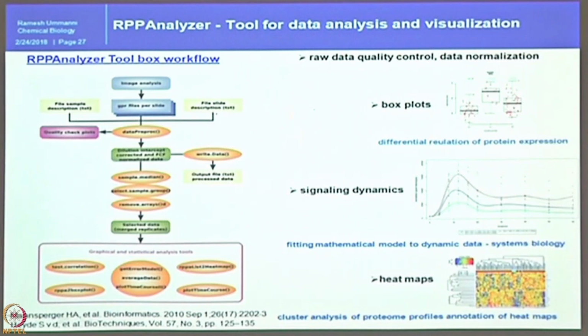There are different steps available here. After image analysis, the data can be collected in the form of GPR files, and you will also give the sample description, what kind of samples you printed there, and the slide description, what kind of antibodies were probed, like 10 or 20 different antibodies against a set of samples, and then you process it.